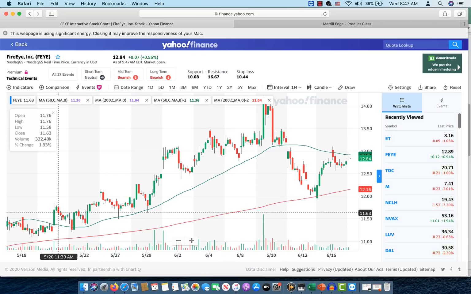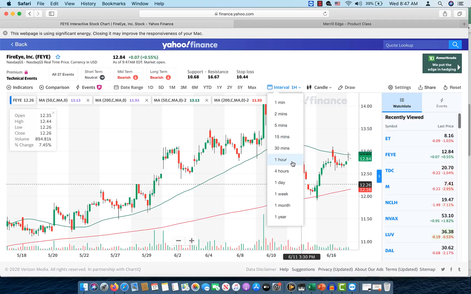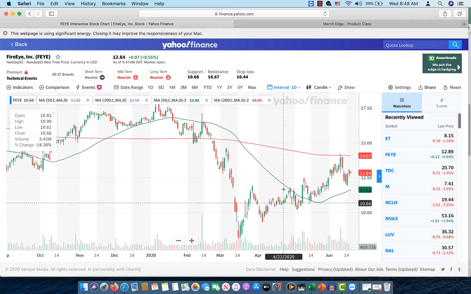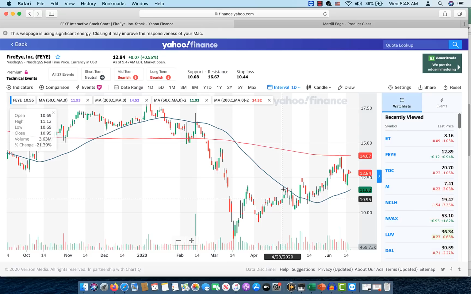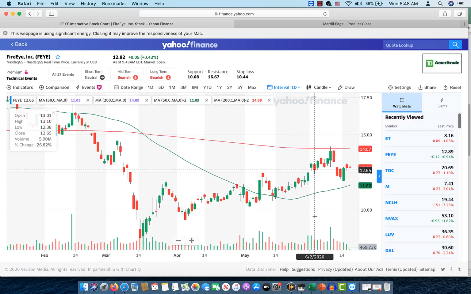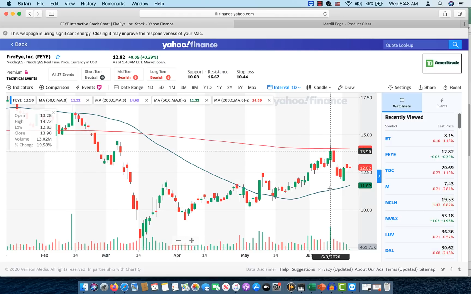The 1 hour says we're in bear territory here. Let's see what the 1 day says. The 1 day says we're in a bearish move here. It doesn't get you close enough to it. So you can make that money off of covered calls and stuff. Yeah, we went up here, we tested the 200-day, and we failed. And that's why she came down. This is the daily chart.